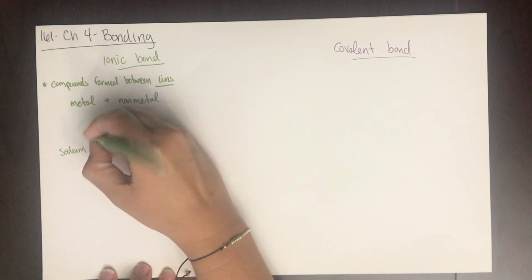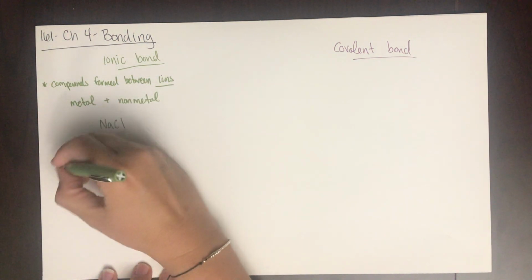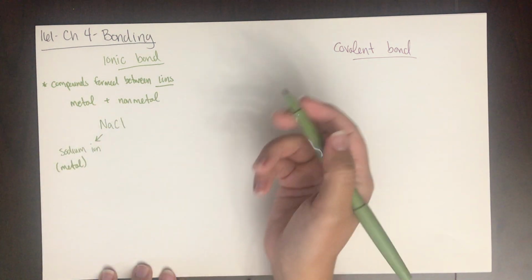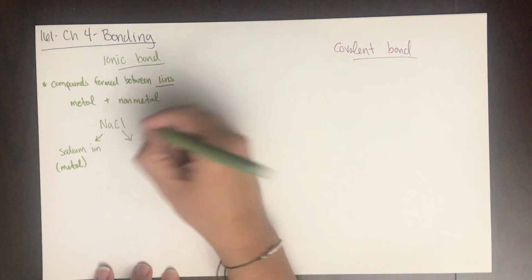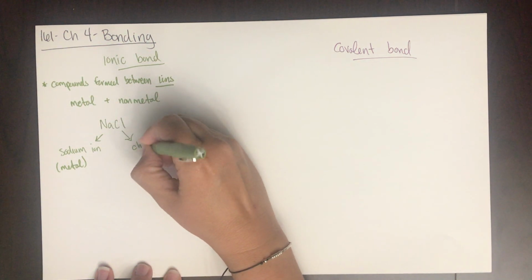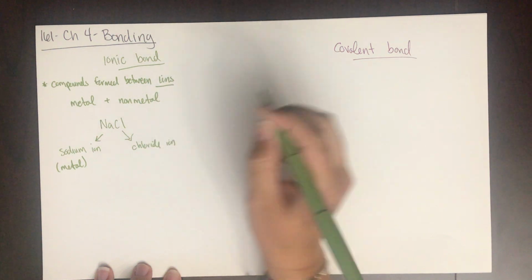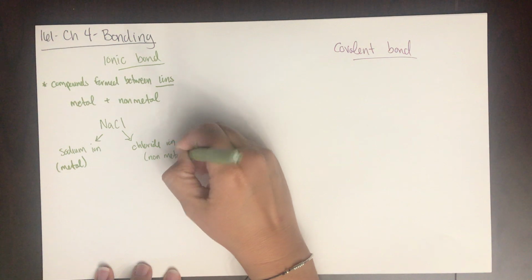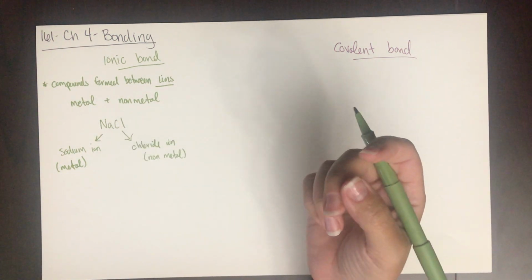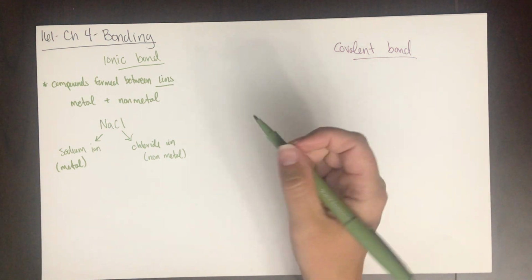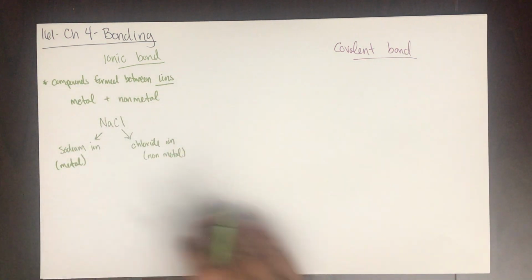It's actually the sodium ion. Sodium is a metal because it's on the left-hand side of the periodic table. Chlorine, this would actually be the chloride ion, is a nonmetal. So this is an ionic bond between a metal and a nonmetal.